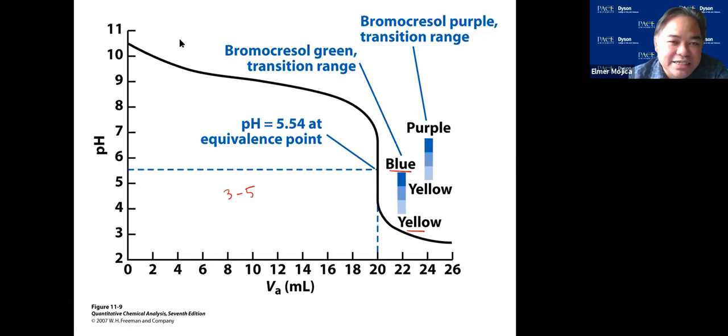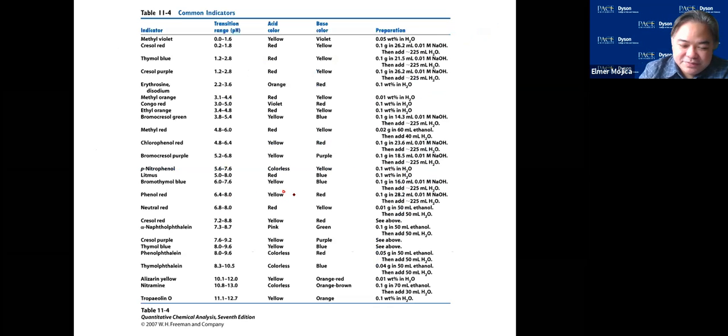Can you use phenolphthalein when the pH transition is 3 to 5? So the answer is no. Why? Because it will always remain what color at 3 to 5? It will always remain pink or colorless? At pH 3 to pH 5, it will always remain colorless.